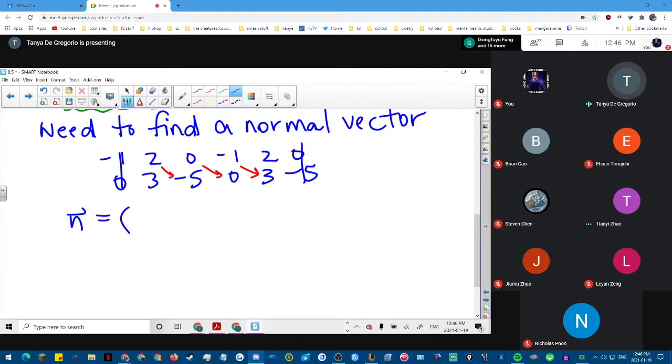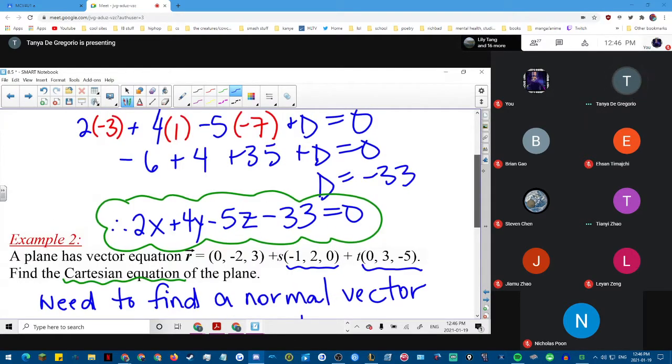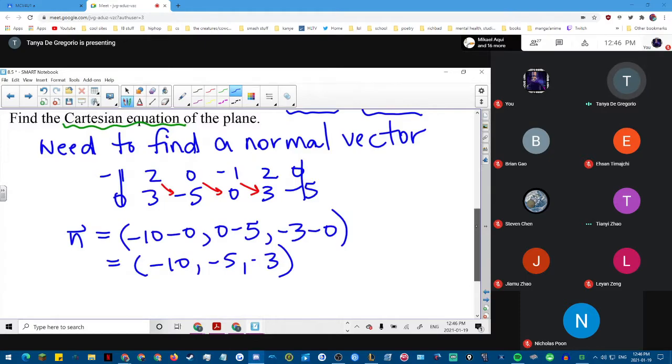So the normal equals -10 minus 0, 0 minus 5, -3 minus 0. There's my normal. And now this question is no different than what we did here, right? So now I have a normal vector, so I'm going to sub into A, B, and C. I'm going to sub in the point for X, Y, and Z and solve for D.